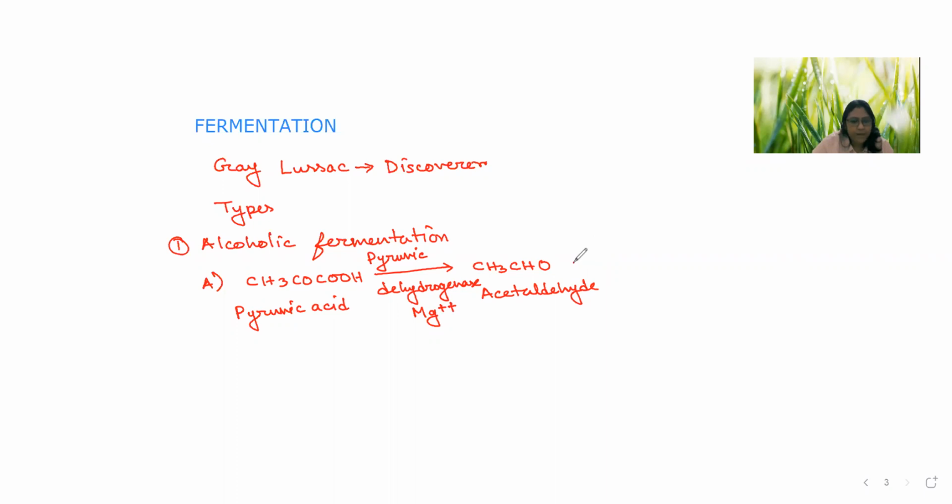Apart from that, it will produce CO2. But whenever I am writing any equation after glycolysis, we know 2 pyruvic acid molecules are produced. To keep a balance, I will put a 2 over here.